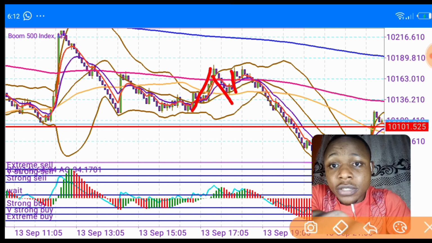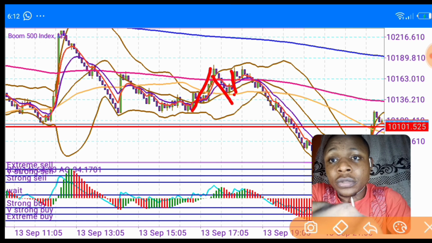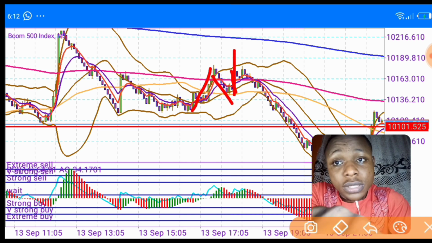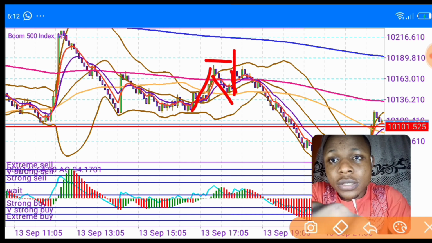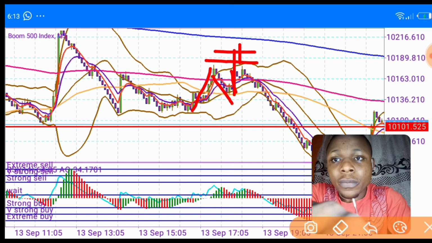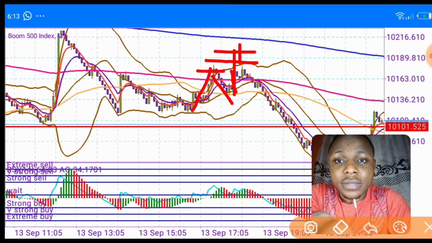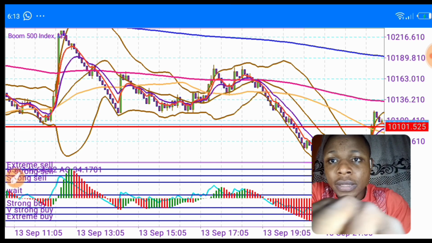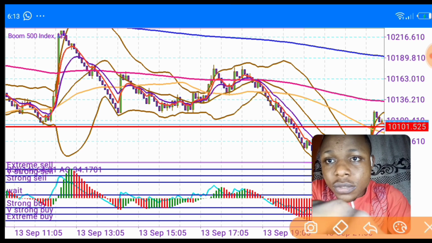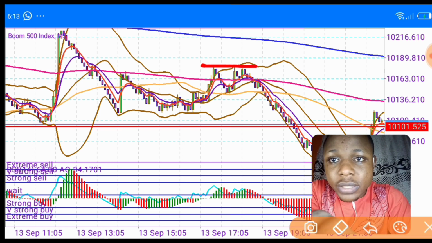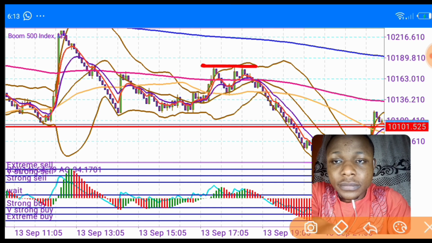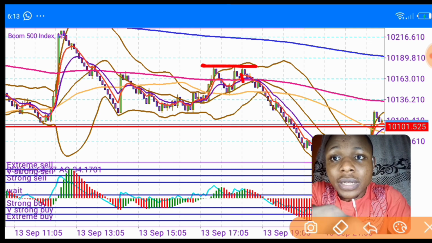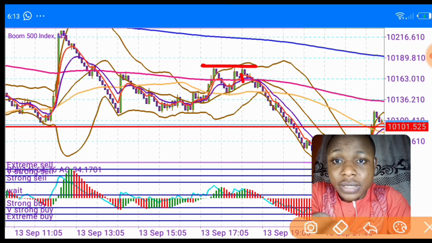Normally, if this should be a good uptrend, the first or second spike should at least close over here, and the second spike should close over here, thereby breaking this resistance. But you can see the second spike stopped on the resistance. It did another one. This is another confirmation that that resistance is a strong resistance.